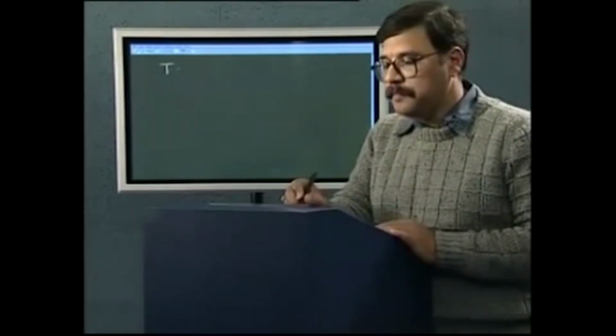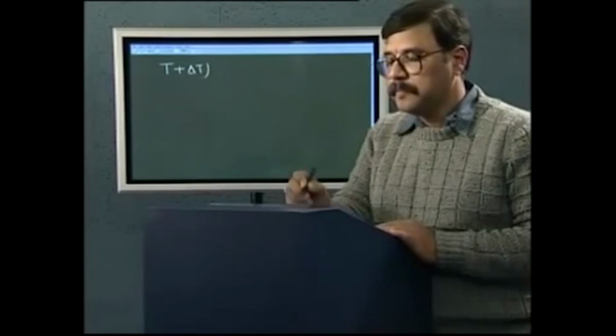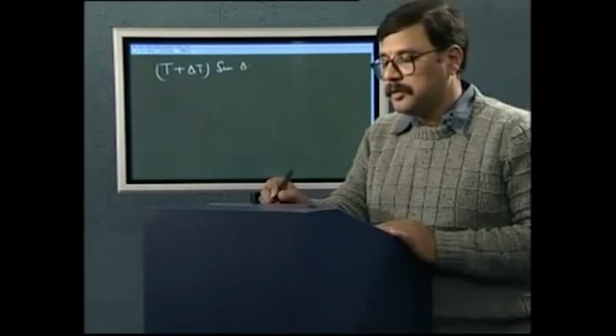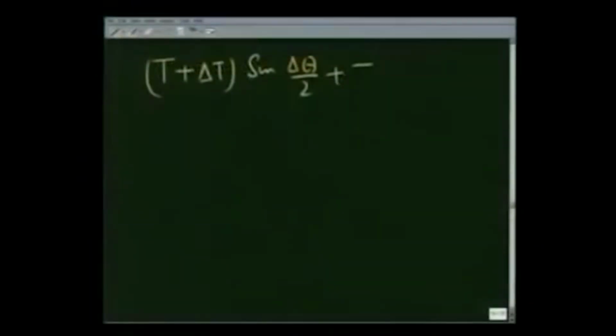I have T plus delta T sine delta theta over 2 plus T sine delta theta over 2 equals delta n, which can be approximated for a small delta theta as 2T delta theta over 2.